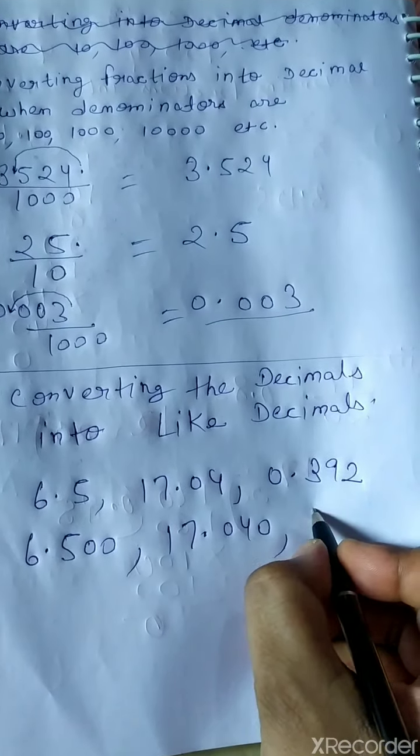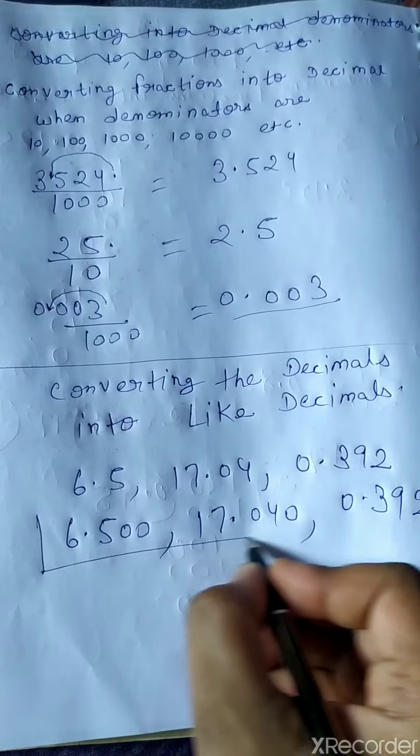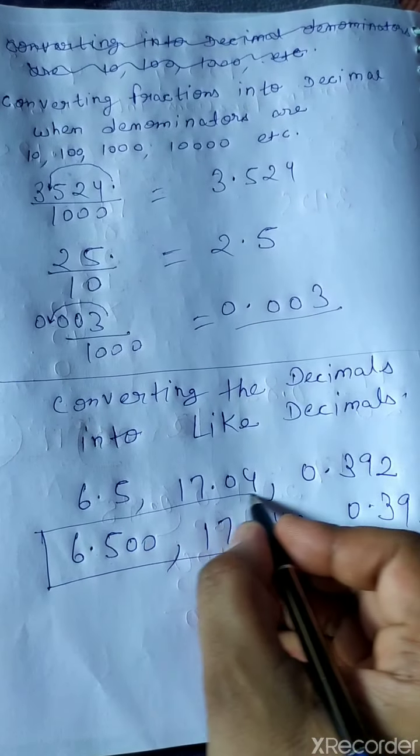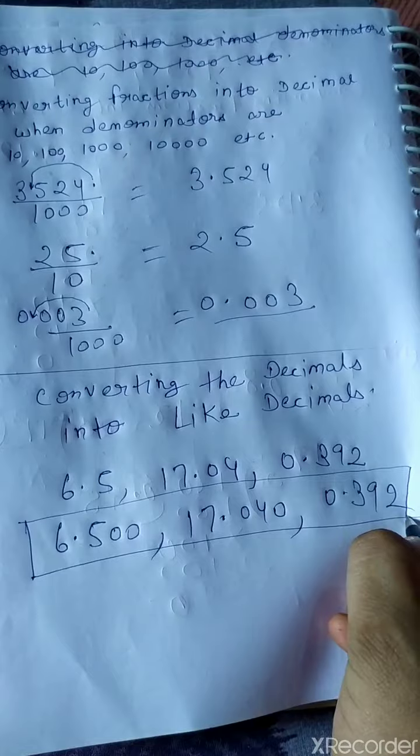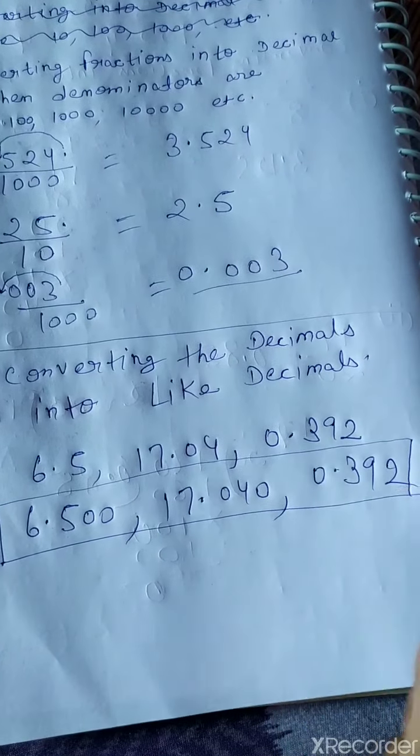17.040, now it is 0.392. Now these are the like decimals, you can see 6.500, 17.040, 0.392.